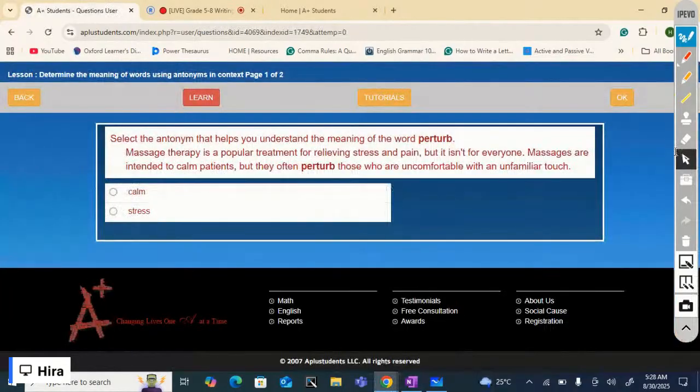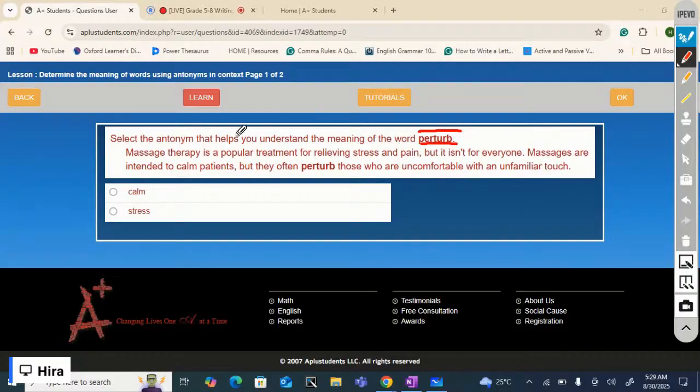Now read one text. Select the antonym that helps you understand the meaning of the word perturb. Perturb. I guess it's a new one for you. Massage therapy is a popular treatment for relieving stress and pain, but it isn't for everyone. Massages are intended to calm patients, but they often perturb those who are uncomfortable with an unfamiliar touch.